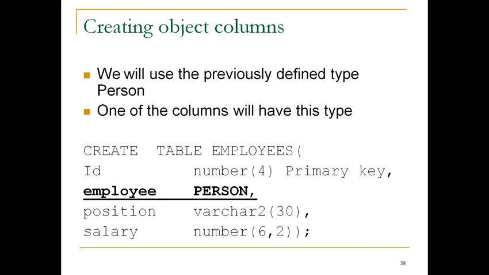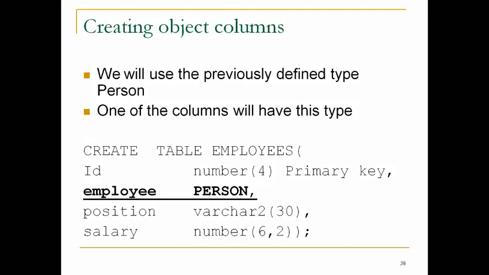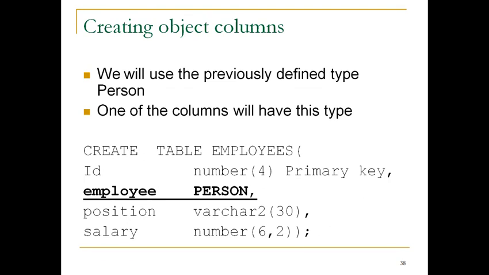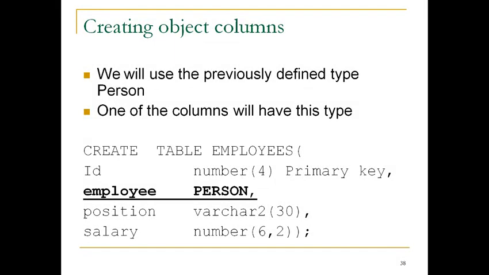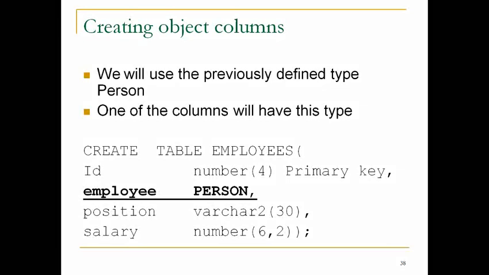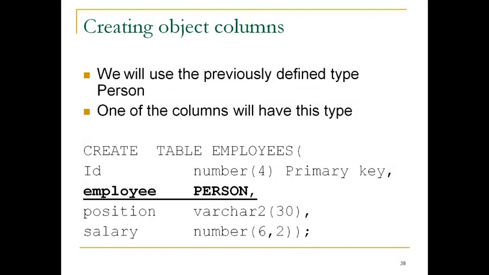And if we have this person here, and it contains 3 attributes, then all 3 attributes, for example, John, Smith, and his phone number, would be in this one cell, in this one column.